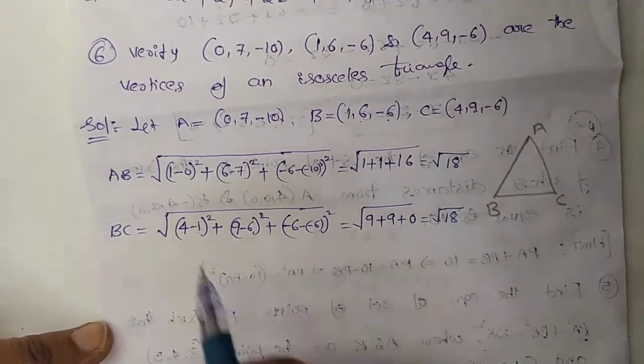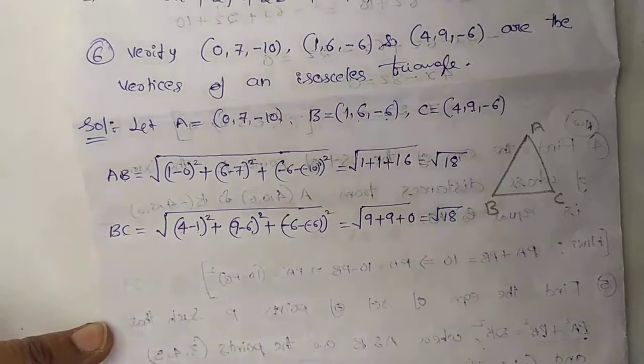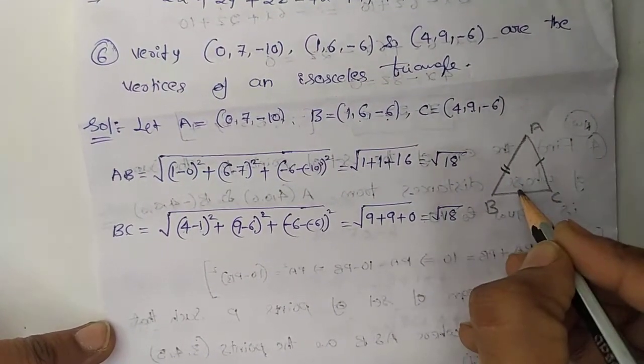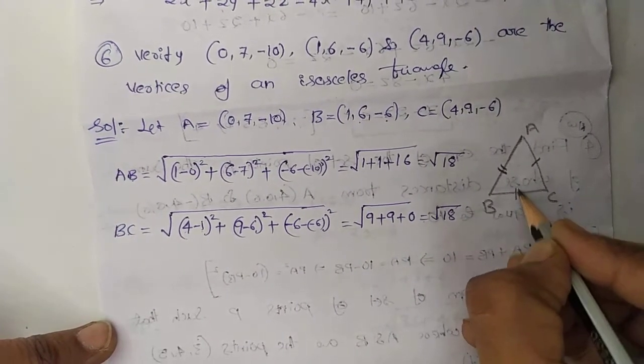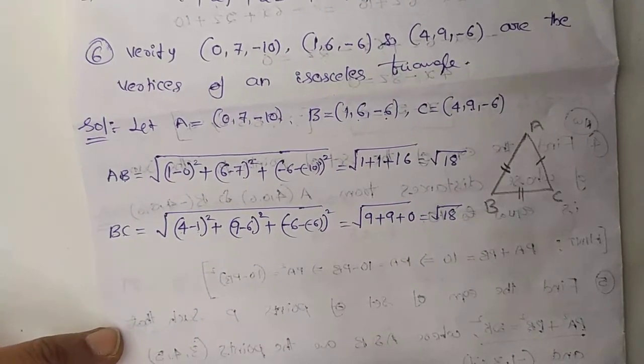Yes, the lengths of the two sides AB and BC are equal. Therefore, the given vertices form an isosceles triangle.